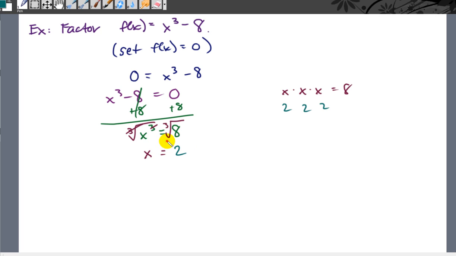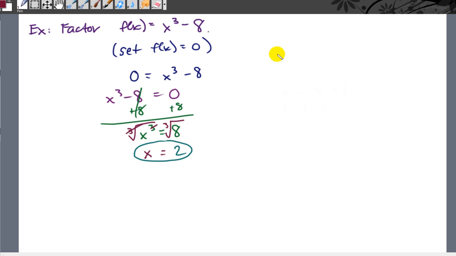Okay? This implies that we can use this value of x to factor this using synthetic division, given that we found that one of the x-intercepts was 2.